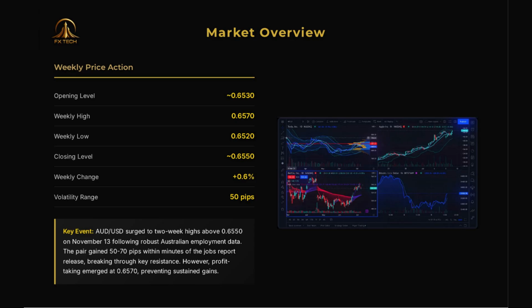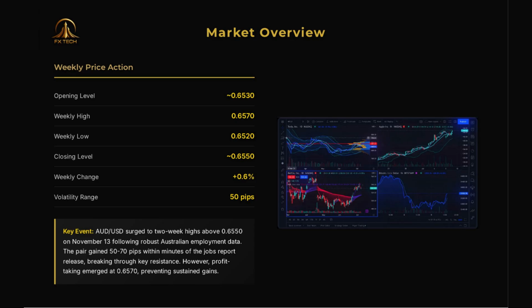The unemployment rate fell to 4.3%, reinforcing the Reserve Bank of Australia's hawkish stance. This positive domestic data initially pushed AUD/USD higher, but gains proved difficult to sustain. The pair traded in a volatile range between 0.6520 and 0.6570, reflecting the tension between Australian strength and global headwinds.